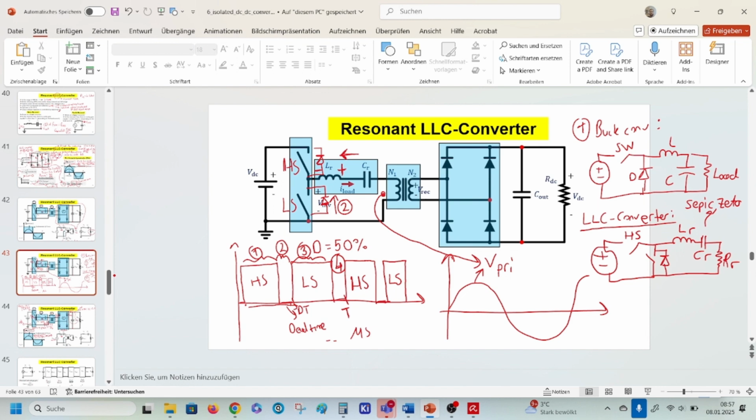Why do I use a cap in series? I can block DC current or signals.